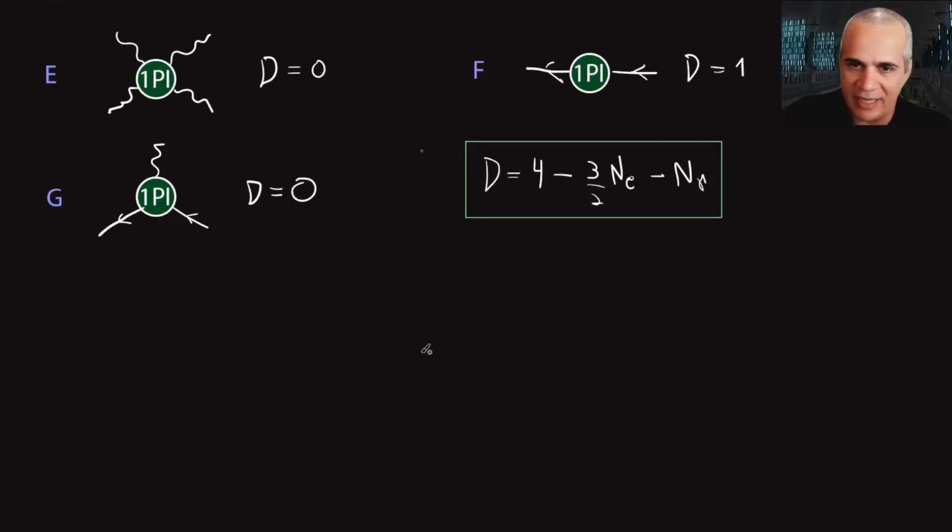I know that at that vertex, I have a current acting on the vertex, which is given by ψ-bar γ^μ ψ. So that photon propagator was contracted with this thing.